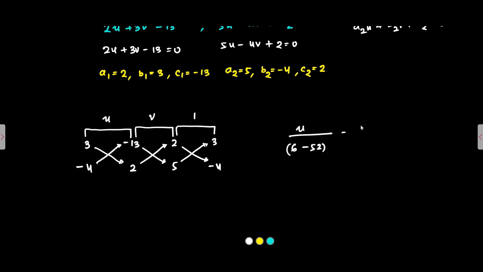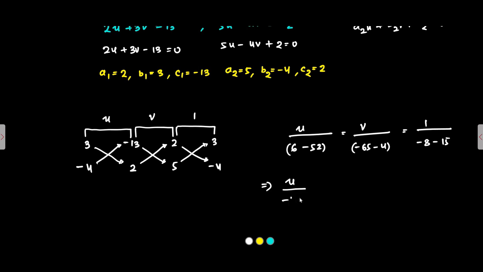So 6 - 52, that is equal to v by c1a2 - c2a1. So -13 into 5 is -65, minus 2 into 2, that is 4. So -65 - 4, and then 1 by a1b2 - a2b1. So 2 into -4 is -8, minus 5 into 3, so -15.